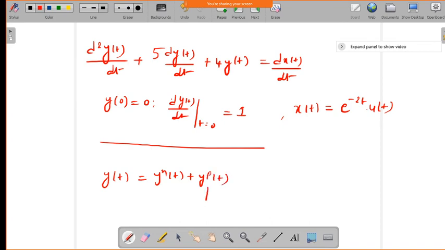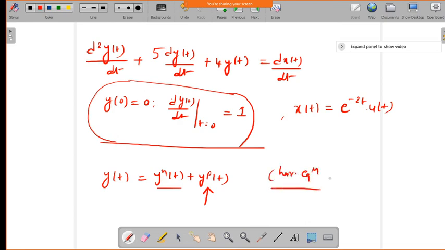While finding out the particular integral, you need to take into consideration the initial conditions. Okay. So, the natural response you can easily find out by using the characteristic equation. So, what is the characteristic equation, which is r square plus 5r plus 4 equal to 0.